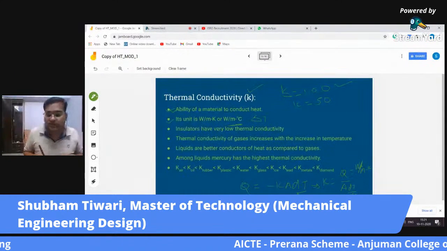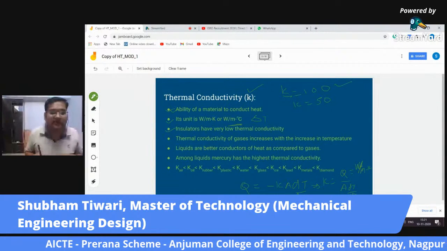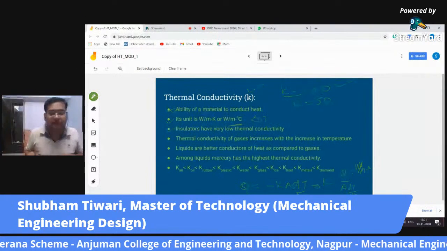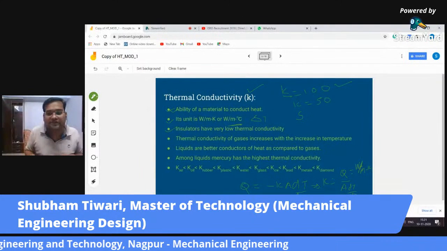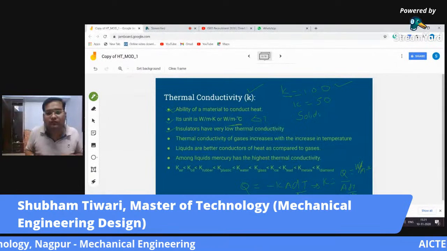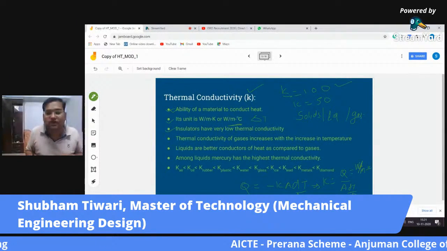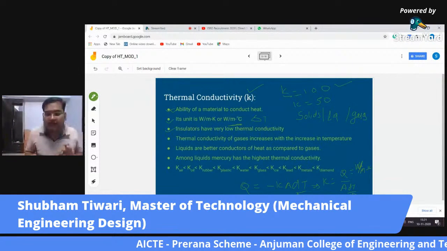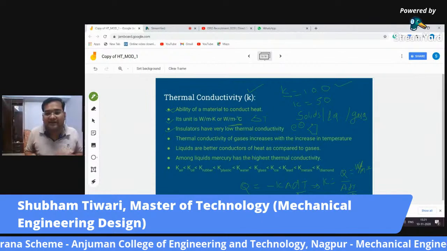Now we know that good conductors have good conductivity and insulators have very low thermal conductivity. We also know that matter can be divided into solids, liquids and gases. And to be a good conductor, you either need free electrons or a crystal lattice.